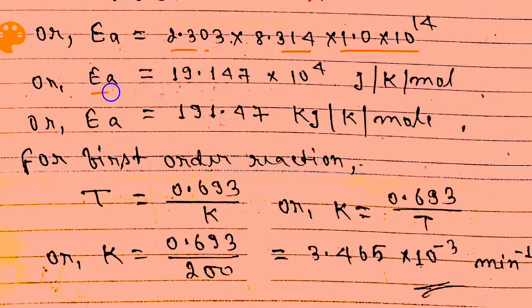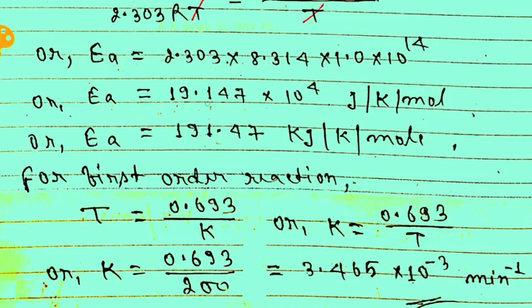Or EA is equal to, after multiplying these factors 2.303, 8.314 and 1.0, it is equal to 19.147 into 10 to the power 14 joule per Kelvin per mole.